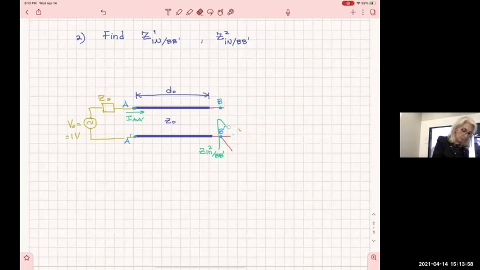Since I found the impedances, their equivalent impedances as they transfer to BB prime, what I'm going to do is the following. I may write it. So I am at BB prime, and then what do I place there?